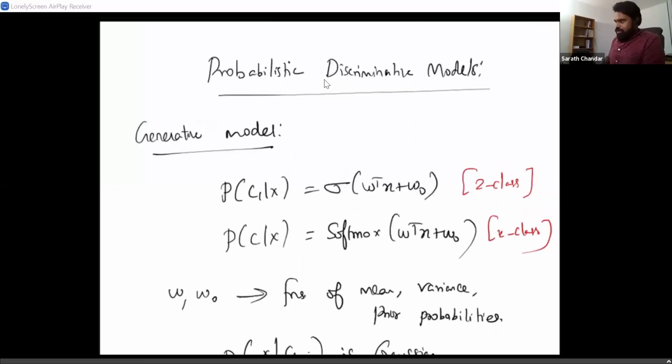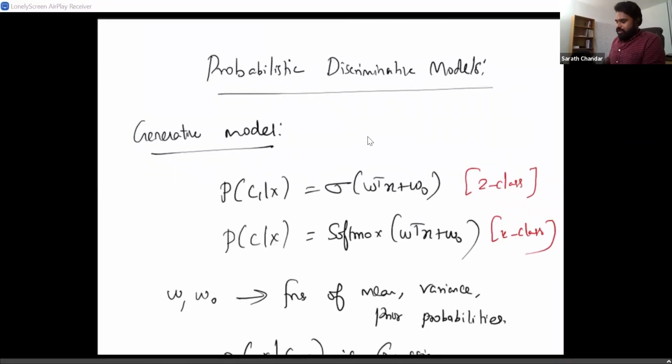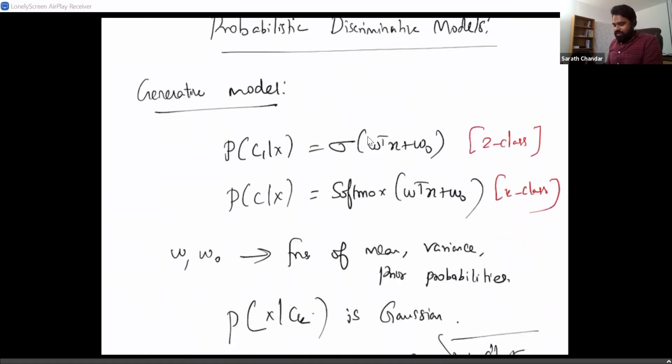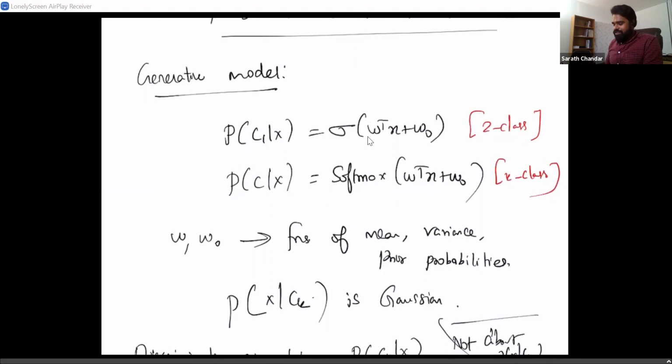Okay, so let's start with a quick recap of where we stand in the course. We started discussing classification models, beginning with probabilistic generative models, and in the previous lecture we looked at these generative models.